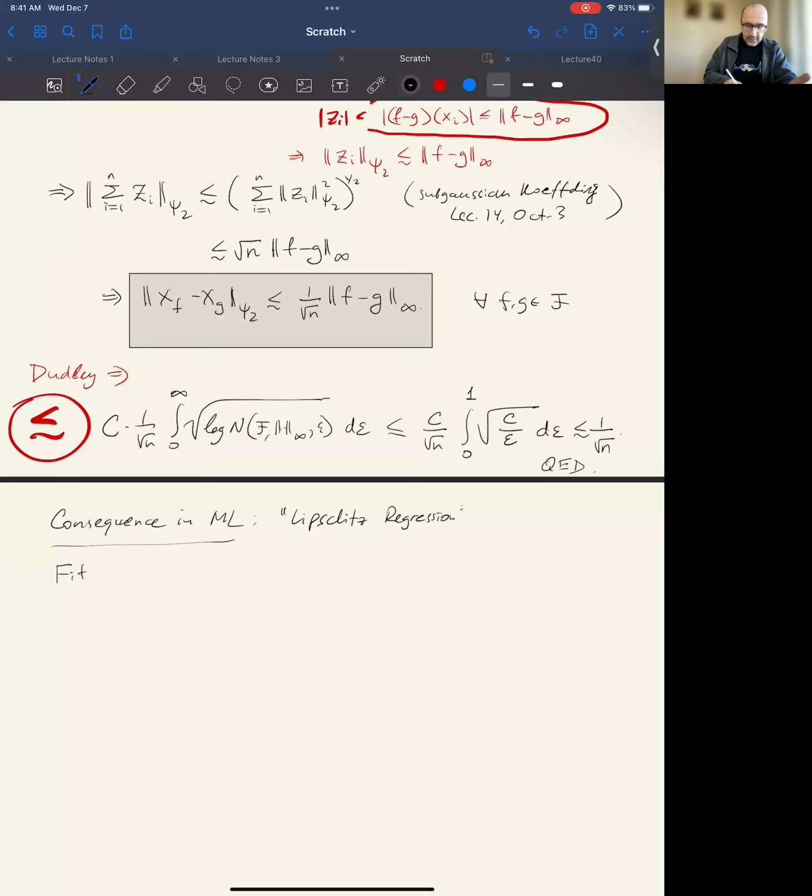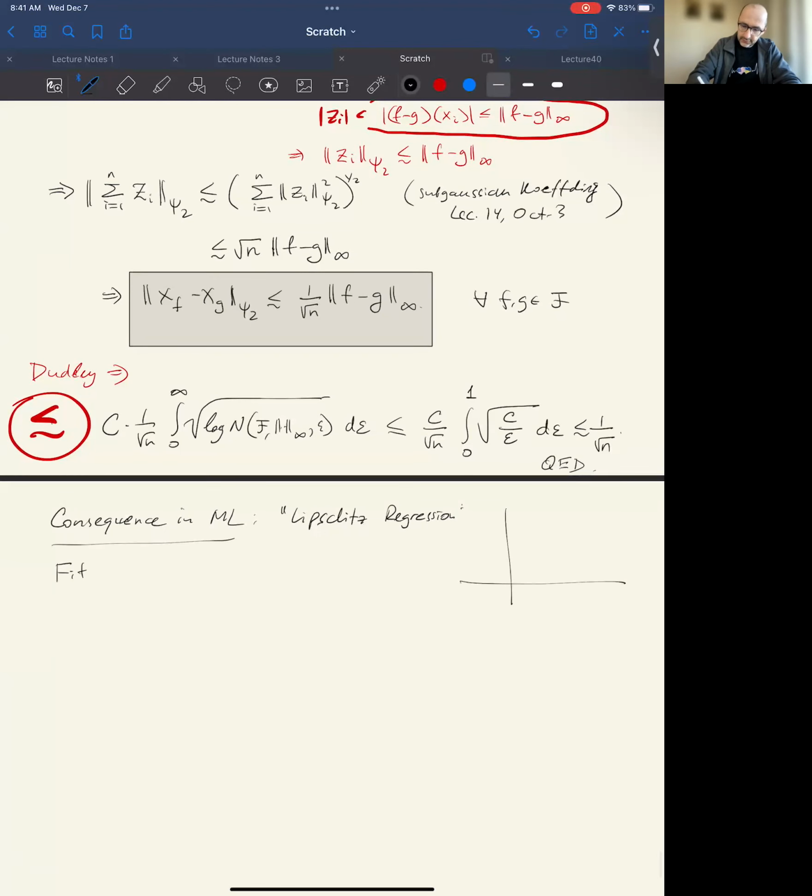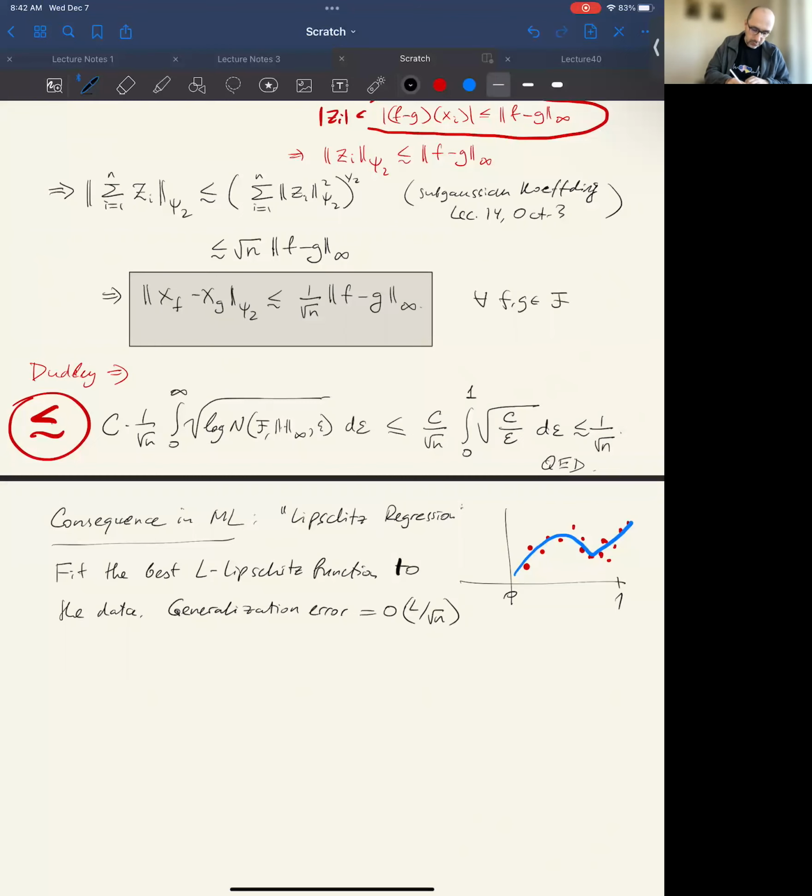Which means that if you have data, maybe like this, between 0 and 1, and then if we fit the best L-Lipschitz function to the data, maybe like this, then the generalization error, from this theorem, scales like 1 over root n, which is the same as in linear regression.